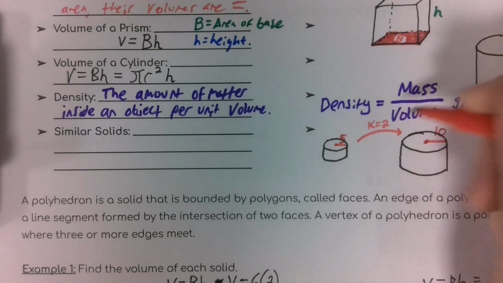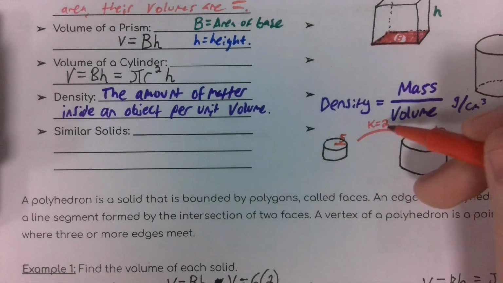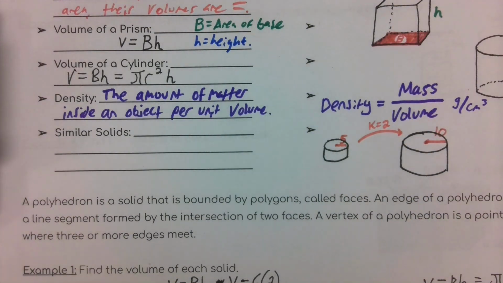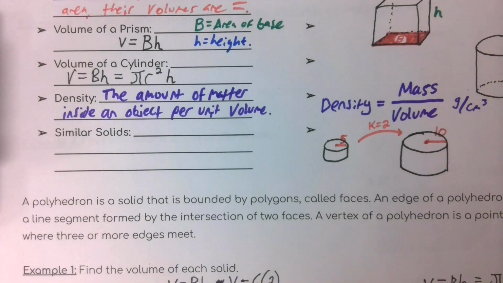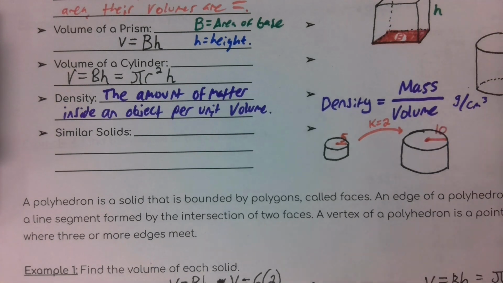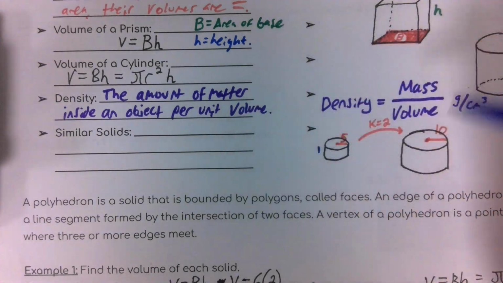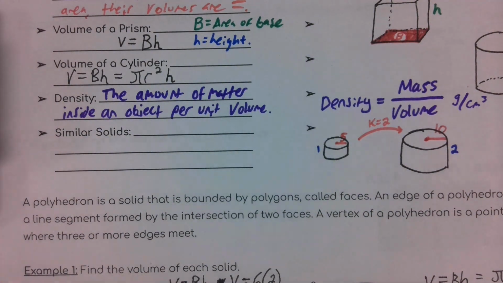Our scale factor is 2. You can always divide the second by the first to also get your scale factor. In order for two solids to be fully similar, though, all of their linear measurements would have to have a scale factor of 2. 5 to 10 makes sense. The height of this cylinder is 1, the height of this cylinder would have to be 2.